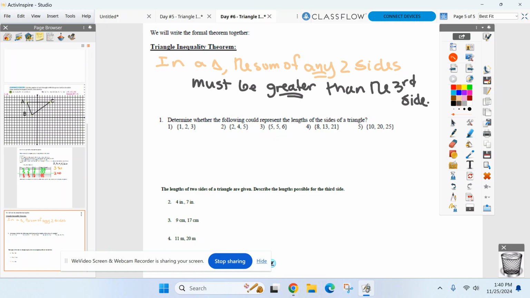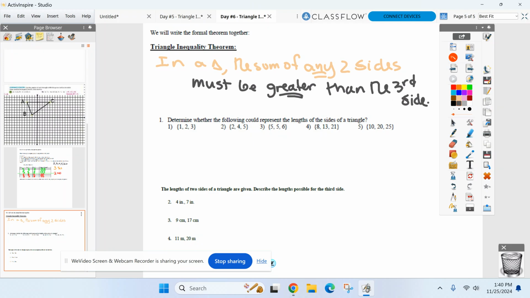And notice my wording, greater than. Do you see the term "or equal"? No, it has to be greater than. And what Michael just said is probably the way most kids check it real quick: if the smallest two aren't bigger than the third, then it's a no-go.